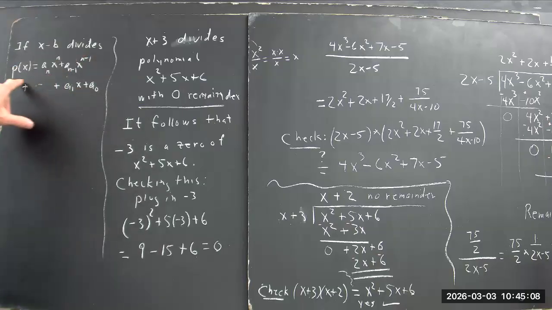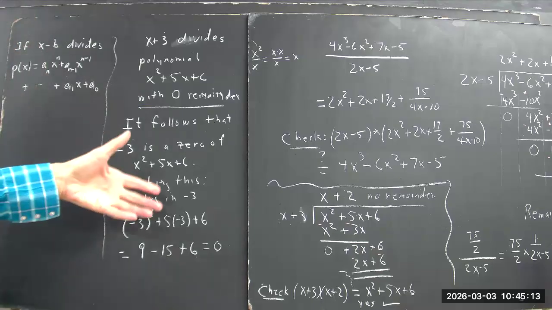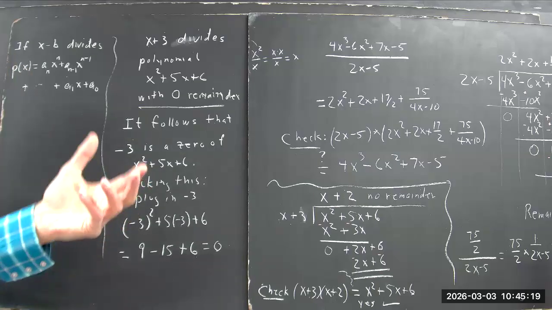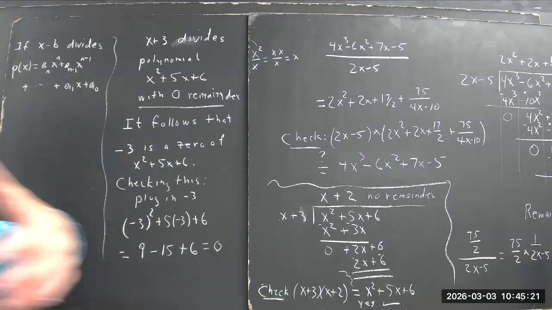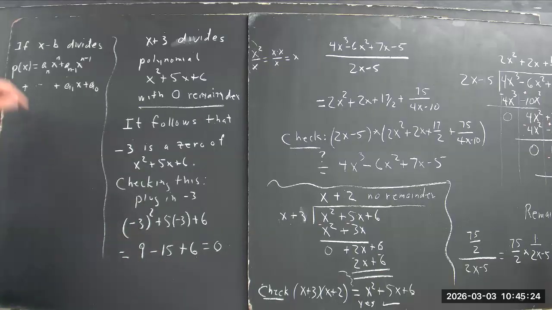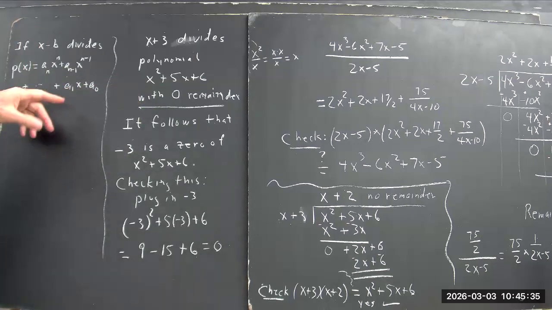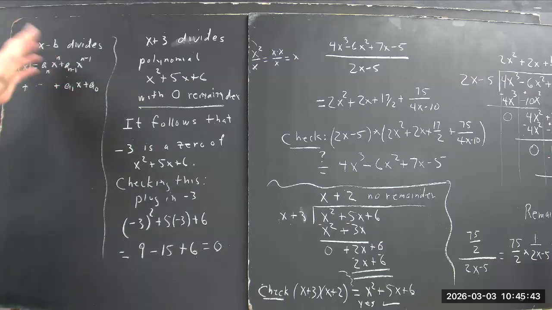If x minus b divides a polynomial, I'm going to say the polynomial is just, we don't know what its degree is. It could be 5x to the 7th plus 14x to the 6th and all the way down, okay? But I'm saying a sub n, x raised to the nth power, plus a sub n minus 1, x raised to the n minus 1, plus, well, the pattern continues. You would get a sub n minus 2, x to the n minus 2, and so forth, until you finally get down to a1x plus a0. That's just a general way of writing out a polynomial, okay?